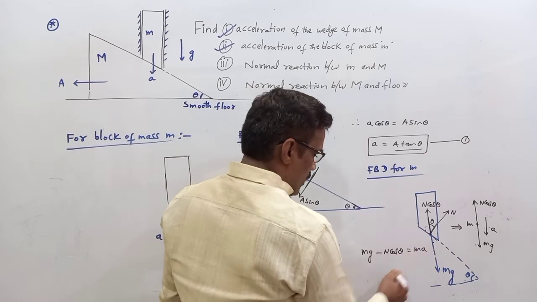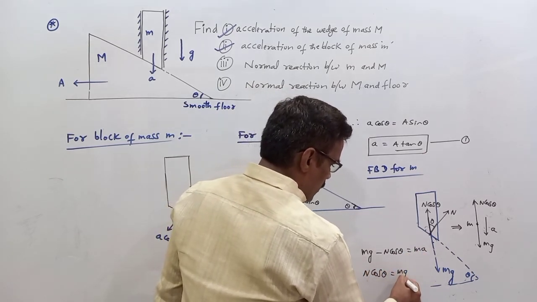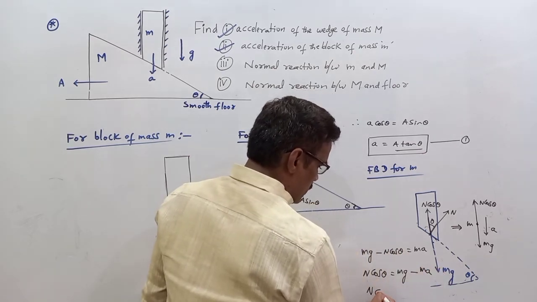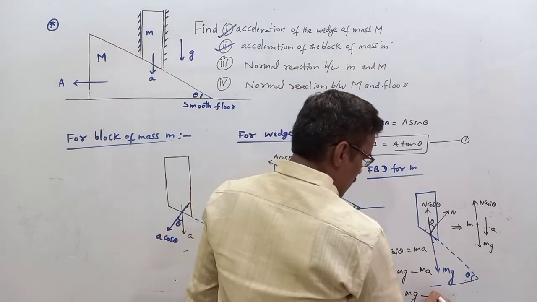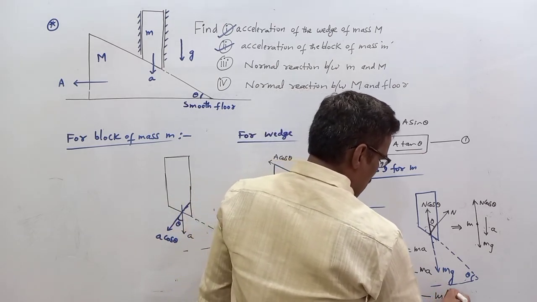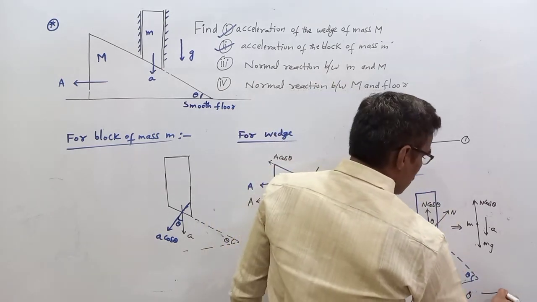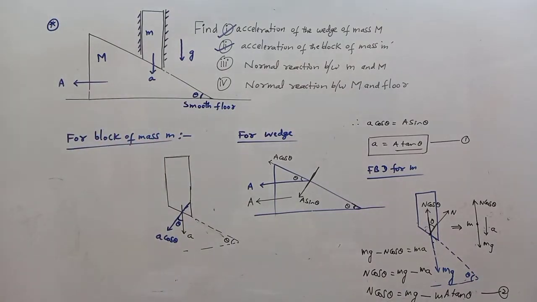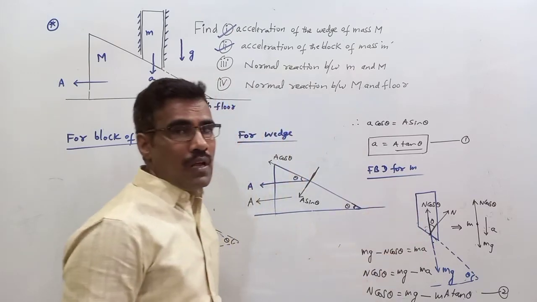So N cos theta is equal to mg minus m, capital A tan theta. This is equation 2, sir.